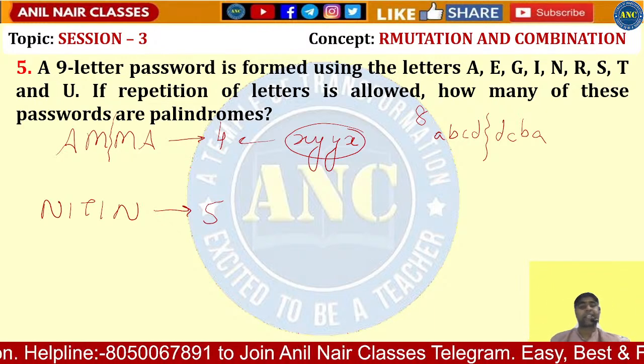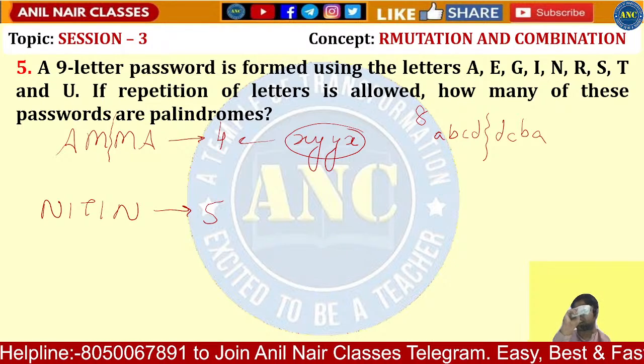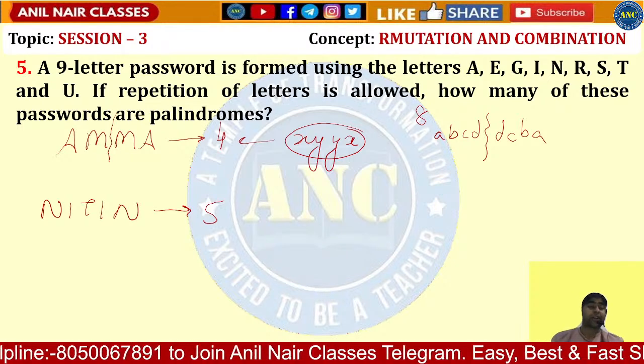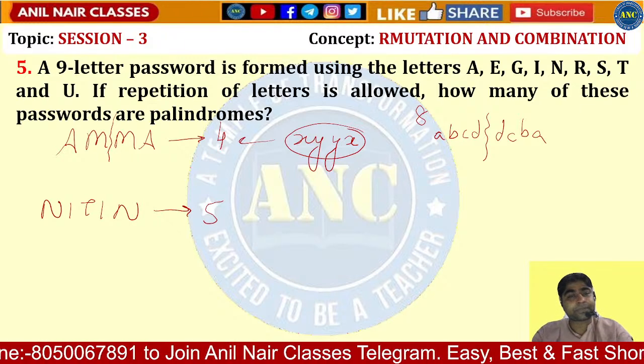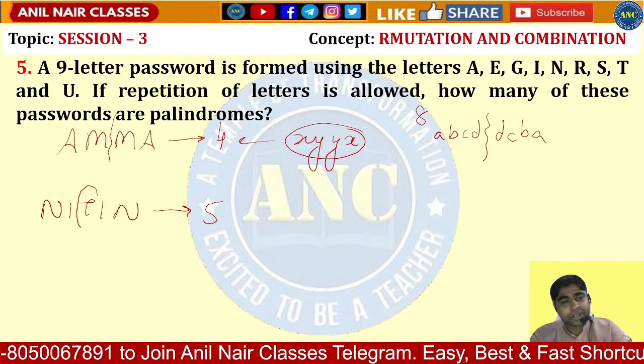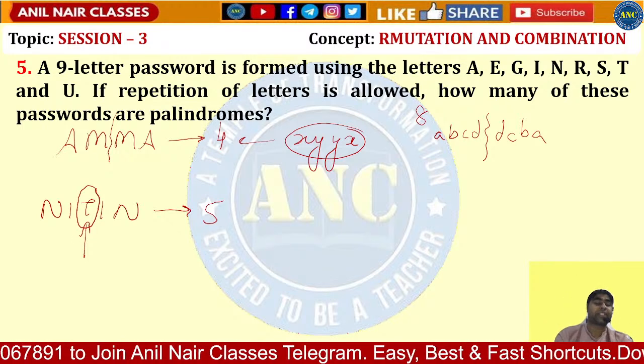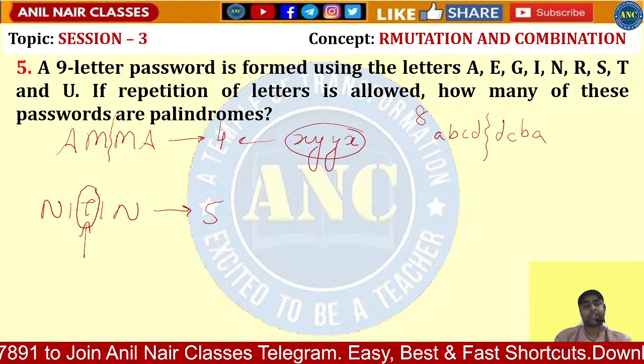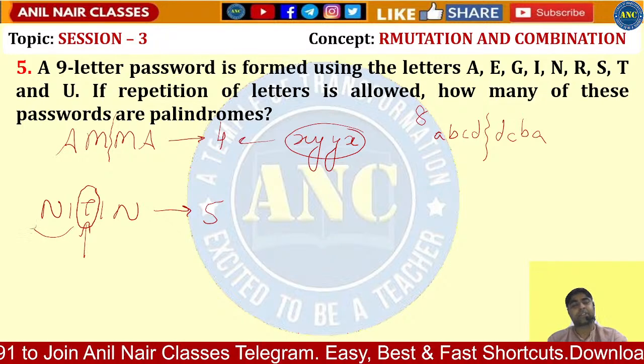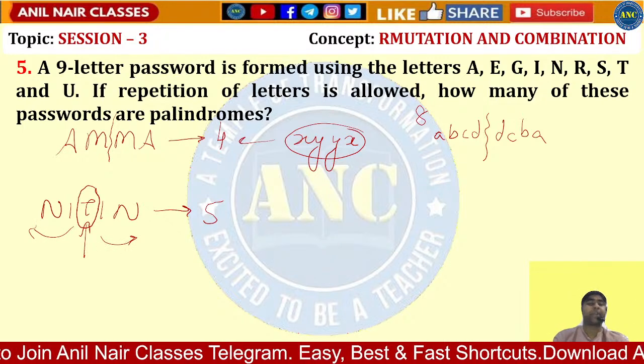But in the case the number of letters or alphabets is odd, then there will be one particular word which is not repeated, and to the left of that and to the right of that will be the repeated ones.